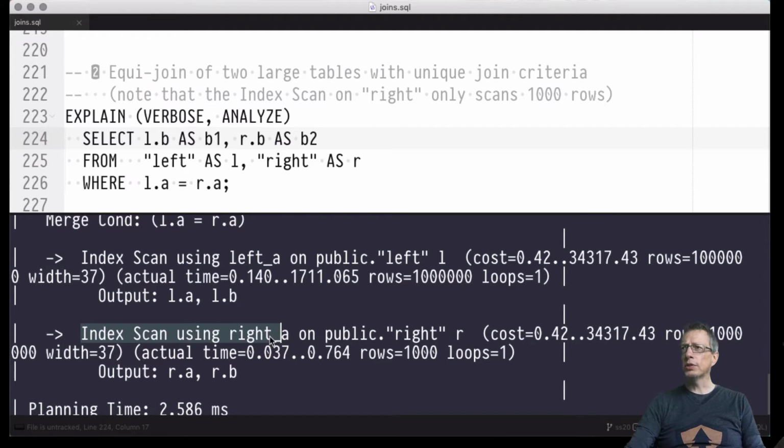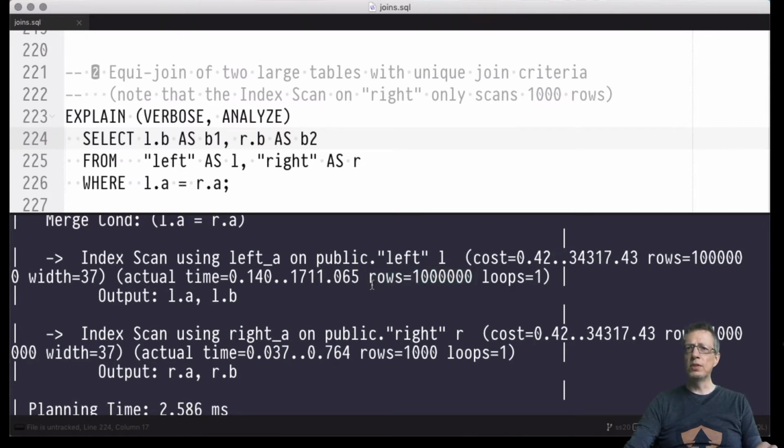What's interesting here is that on the left-hand side, all 1 million rows have been scanned. We started at the very beginning of the A order of the left-hand side tree, only to find rows with A values that are way too small.